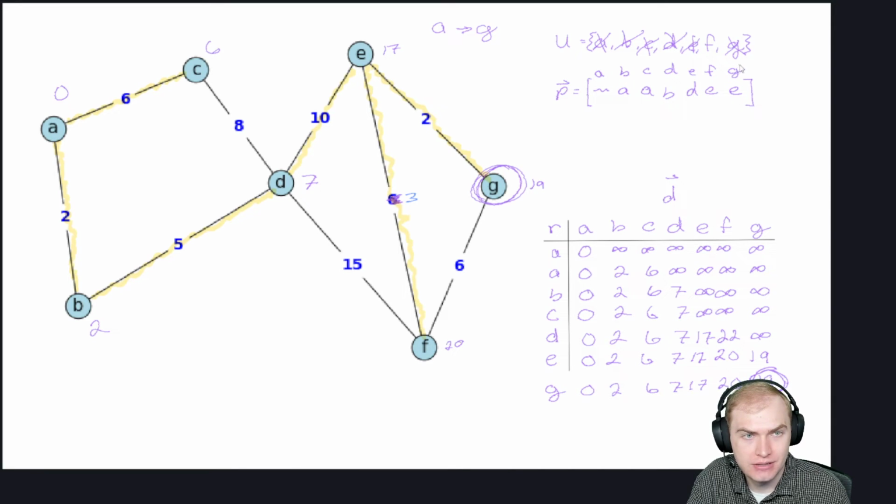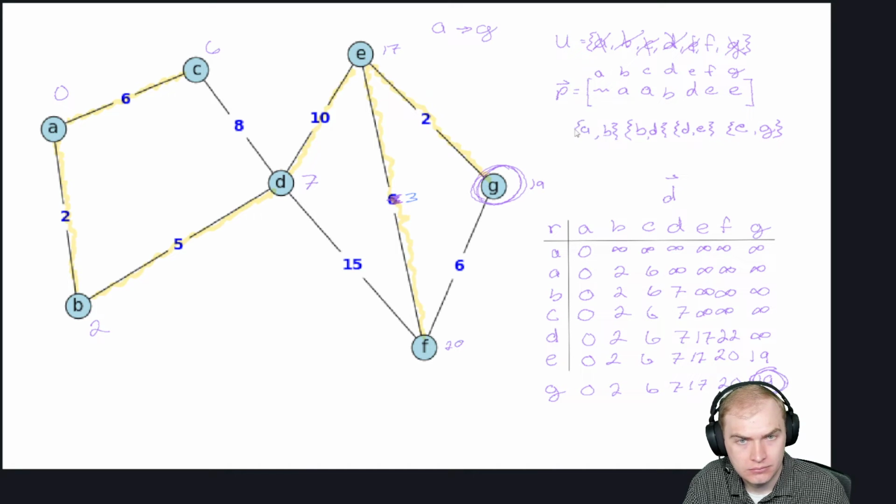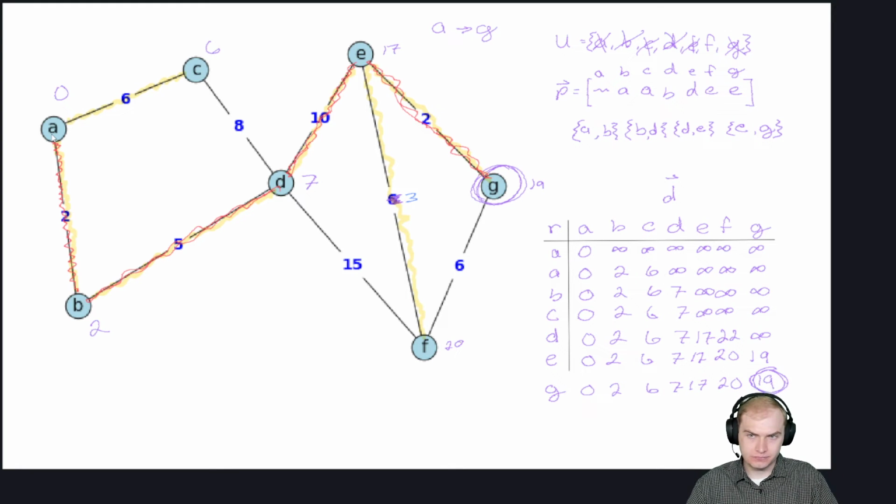So if we start at G and look back, G came from E, so E to G. E came from D, D came from B, B came from A. Which is G to E, E to D, D to B, and B to A. Is our shortest path.